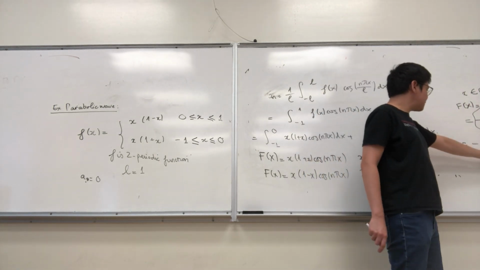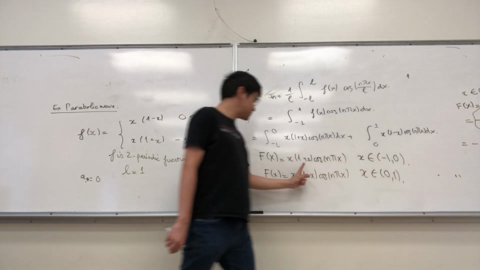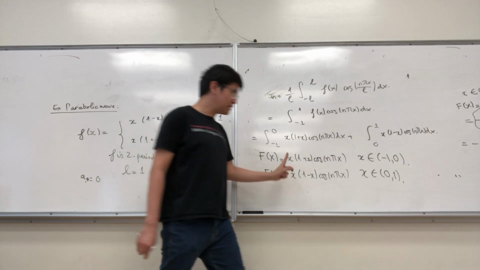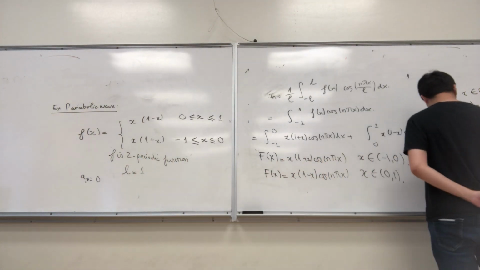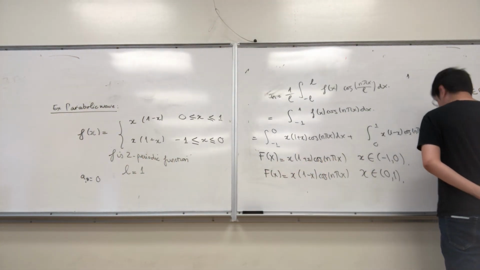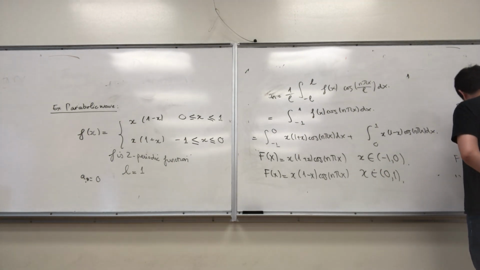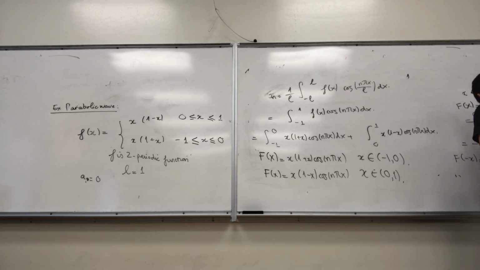But this is the form of f of minus x, because here you have minus x. So what is f of minus x? f of minus x will be, because in this case minus x is in this interval, minus x times (1 plus minus x) times cosine of n pi minus x.